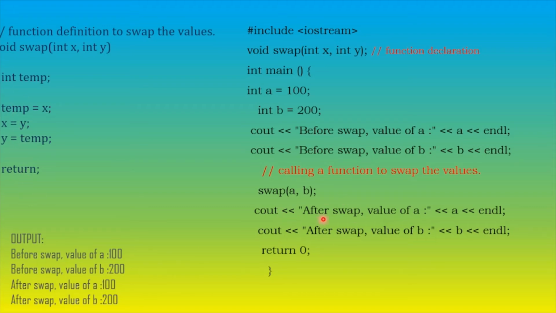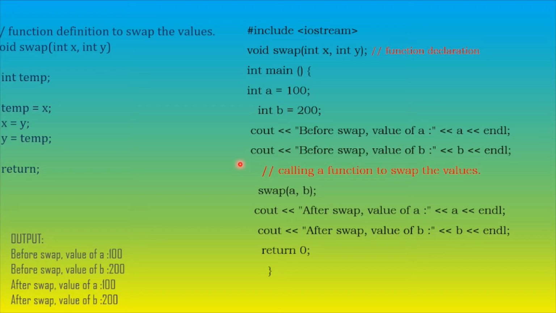And after that, when we display the a and b values again, they retain their values 100 and 200, because here we are calling the function using the call by value method. In the call by value method, the original values are not affected.